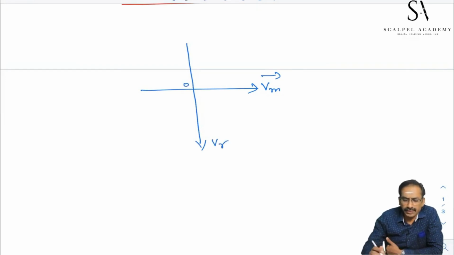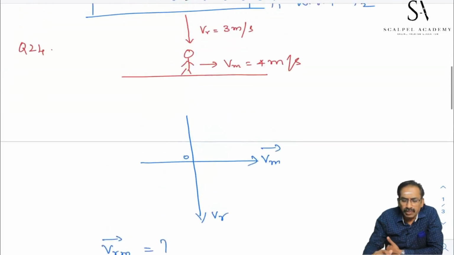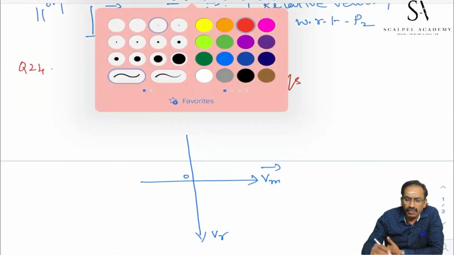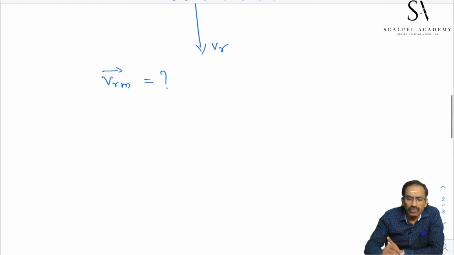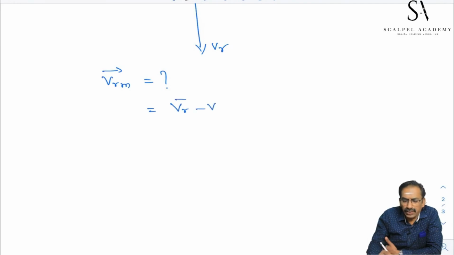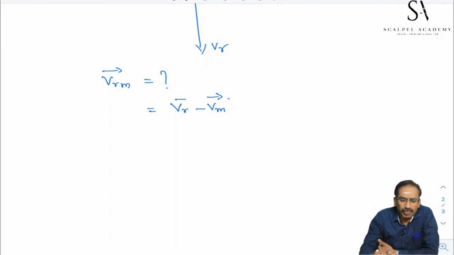What we have to calculate is the velocity of the rain with respect to the man. So, velocity of rain with respect to man is equal to velocity of rain minus velocity of man. So, you have to add minus Vm with Vr vector.